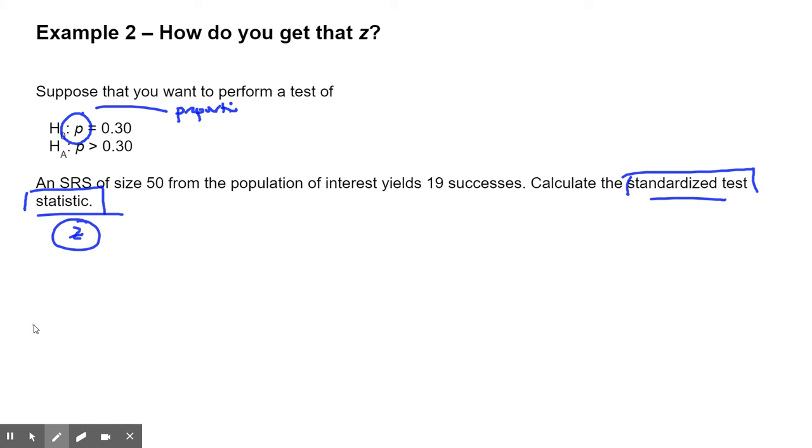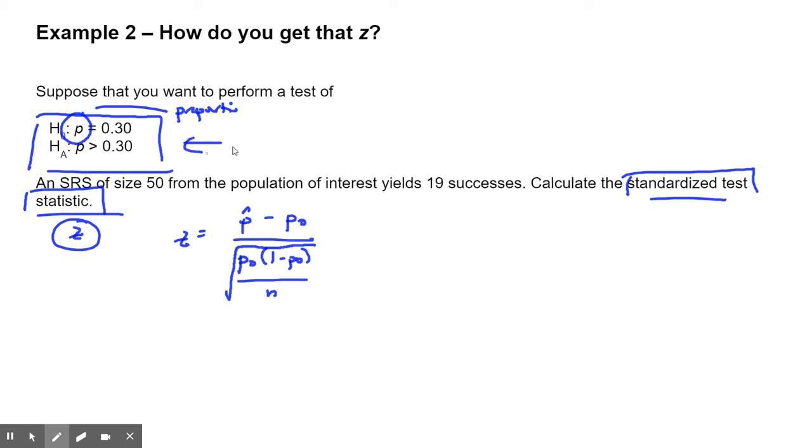Okay, so here's the formula to find your z. You need the sample proportion minus the null proportion over, and I'll put this in a big square root, the null proportion times 1 minus the null proportion all over your sample size, and that whole denominator goes in that square root. So up here, what do I know? Well, from here, I get my null value.